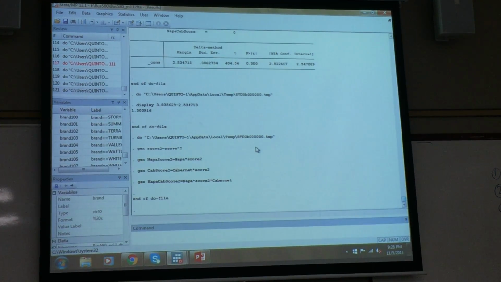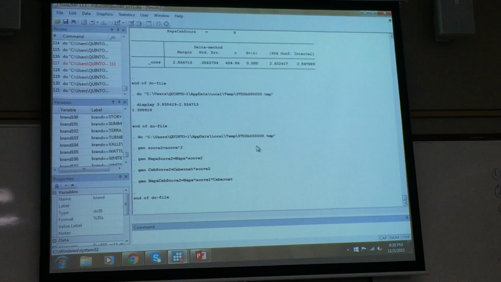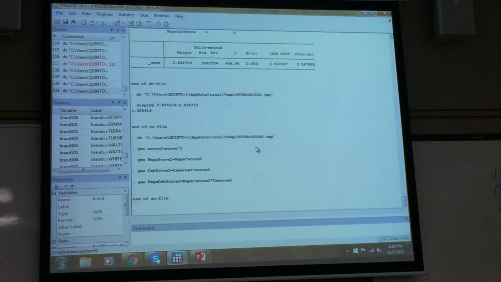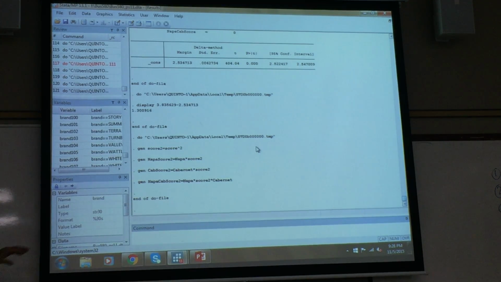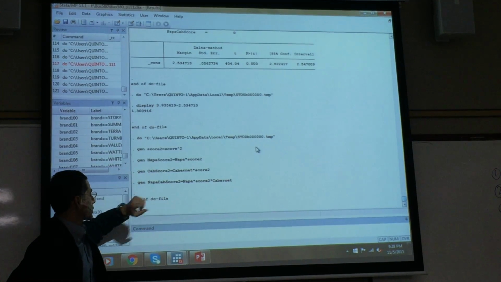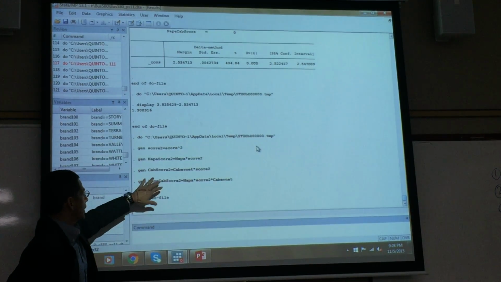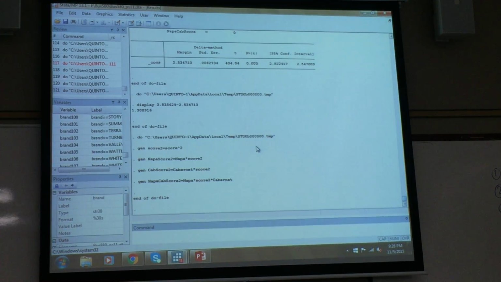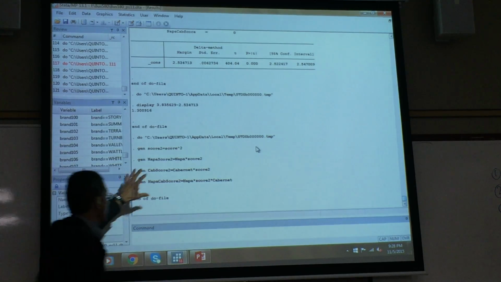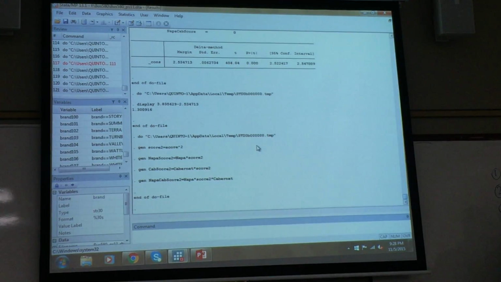And anything that had score, we're now going to add a score squared. So we had Napa score, so we're going to have Napa score squared. We had the cab score, so we're going to have cab score squared. And then we had Napa cab score, so we're going to have Napa cab score squared. Just multiply out. We add these three new variables to the model. That'll give us our curvature.